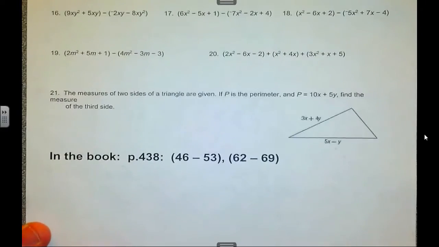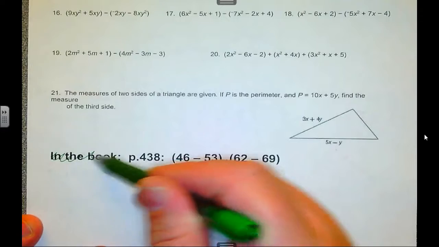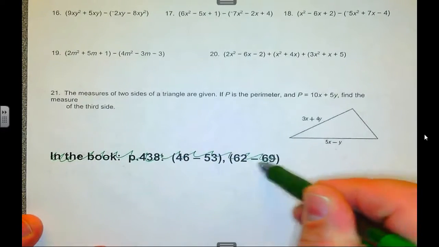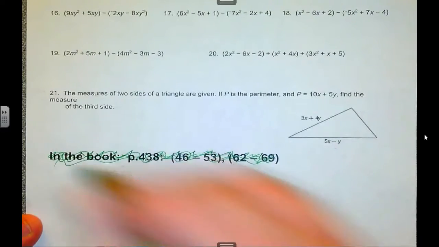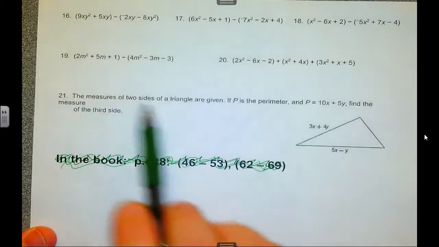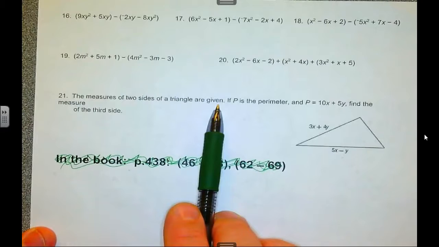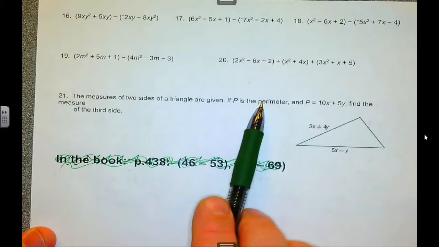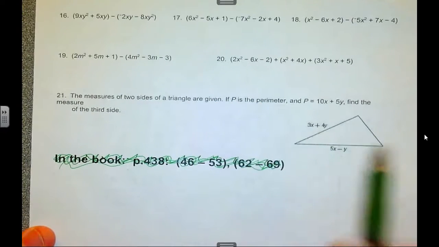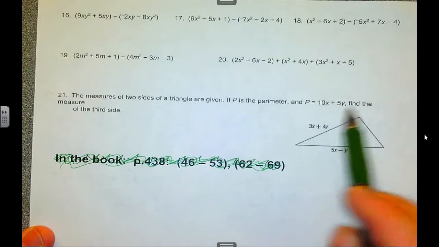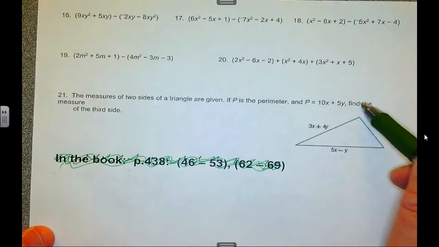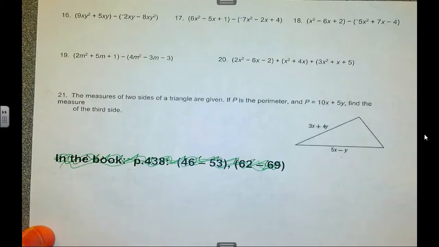Let's do 21 together. The measures of two sides of a triangle are given. If P is the perimeter and P equals 10x plus 5y, find the measure of the third side.